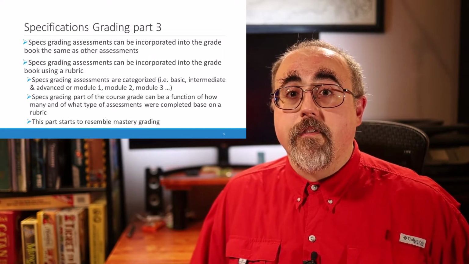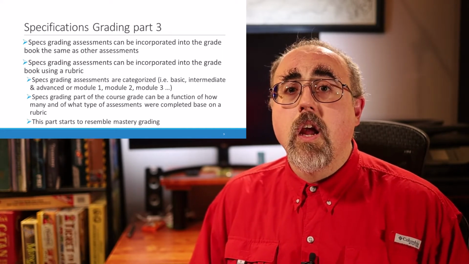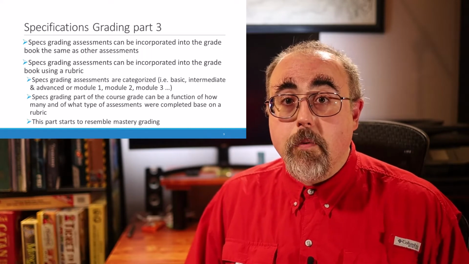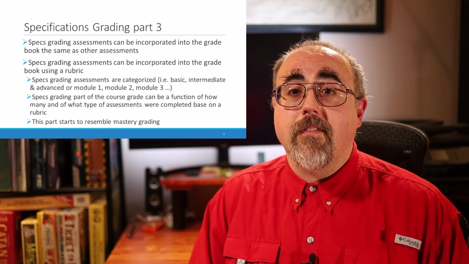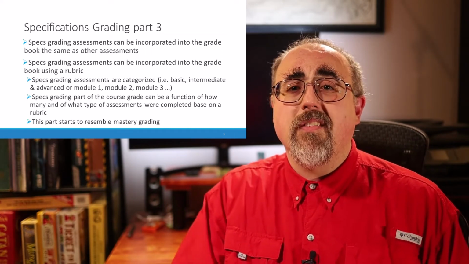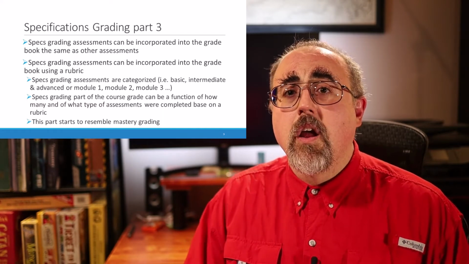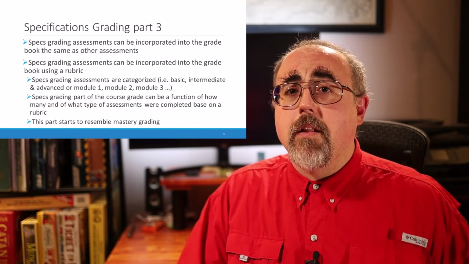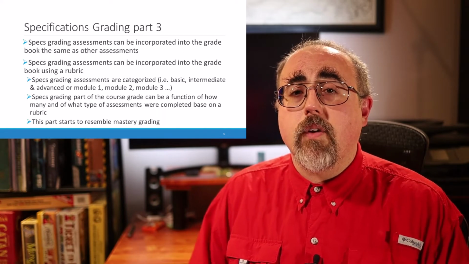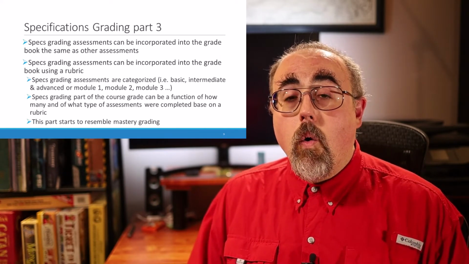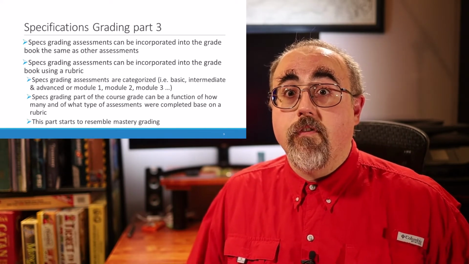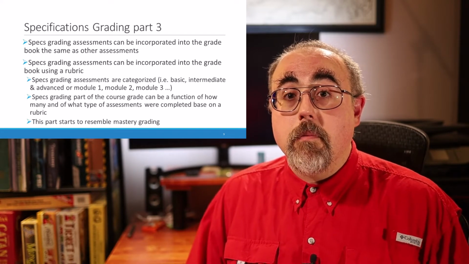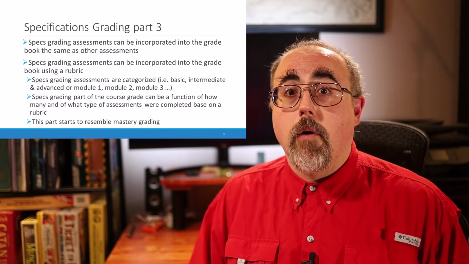Some folks like myself have gone fairly conservative and done a little bit of this, maybe 10, 20% of the grade is specs grading. Everything else is kind of the normal stuff. You know, the homework, the tests, etc. I cut back some on the tests, made them a little smaller, replaced those with specs grading assessments. Or you could go full force, make that 100% of the grade, or make that all but the final.